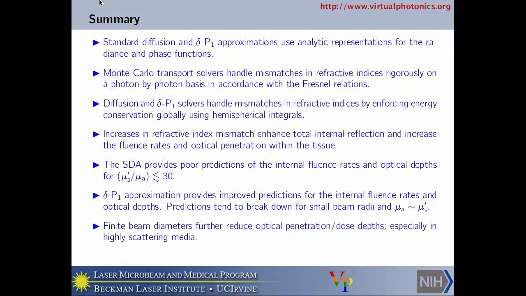So what comment do you want? Meaning, you want performance in terms of computational time, in terms of ease of use, everything. I think it's really application specific. It depends ultimately on what you want, whether you're interested in the internal light field versus the reflectance or transmittance.